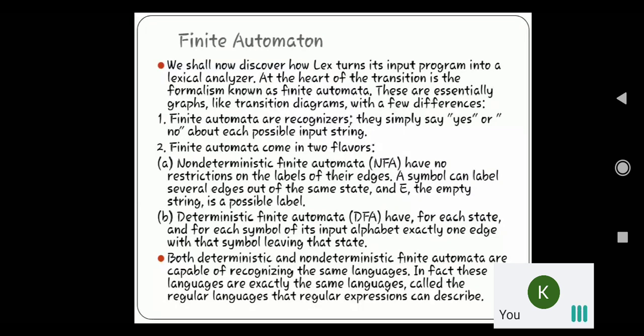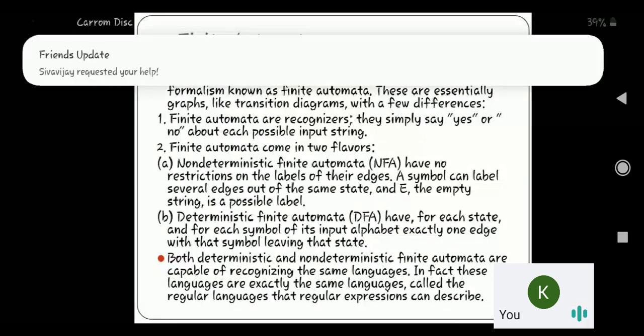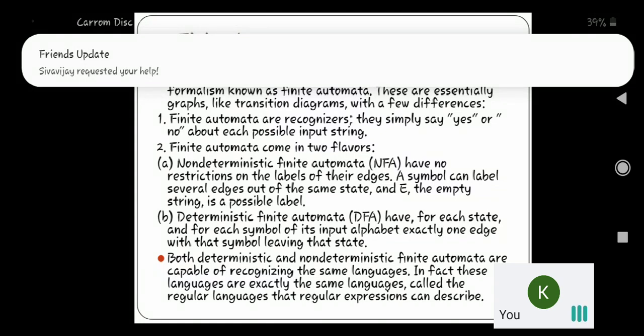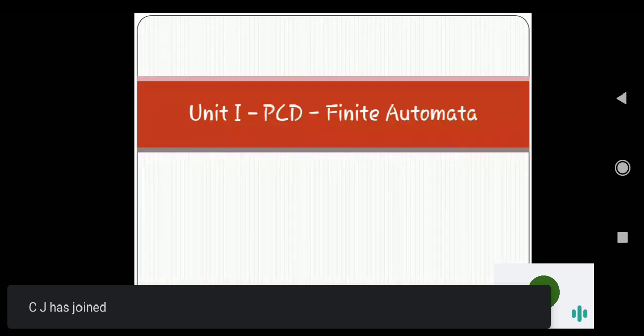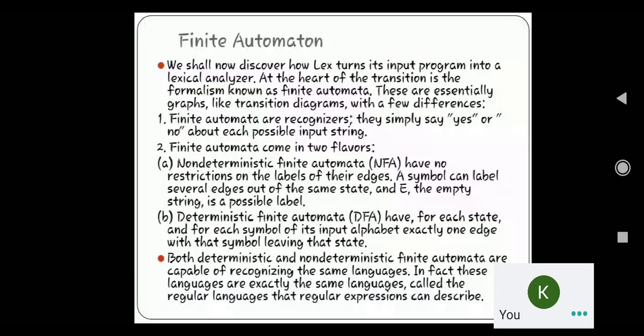And in NFA, you have the option of using the empty string for transferring from one state to another state. But in DFA, we won't use the empty string option. The empty string is referred to by the epsilon symbol over here. So that epsilon symbol will be present in NFA and it won't be present in DFA.